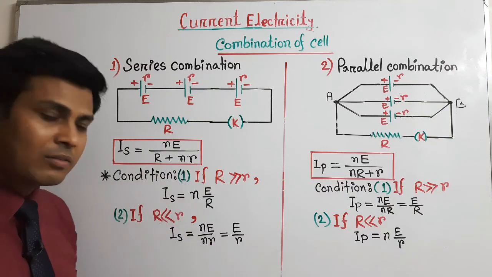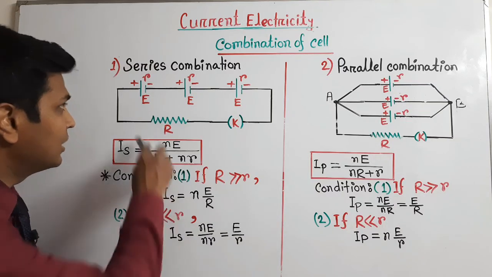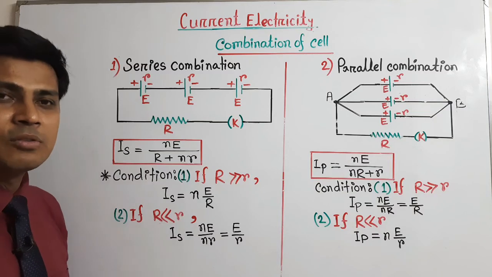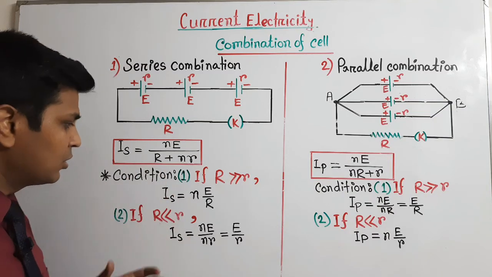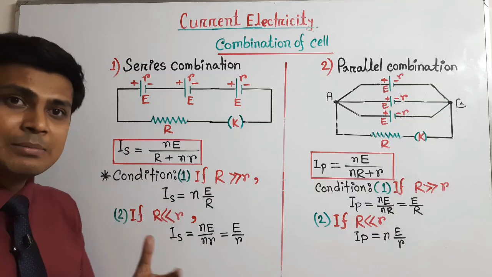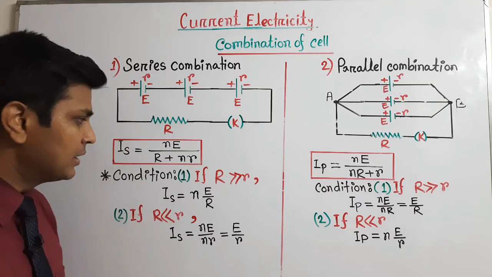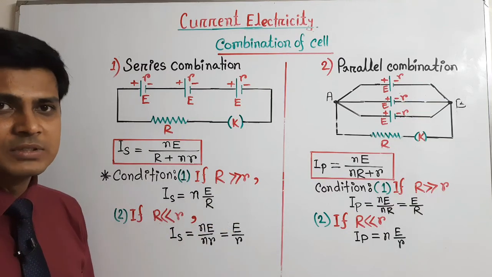The n will be cancelled, and we only have E divided by r, which represents the current flowing through only a single cell. So we can say for this condition only a small amount of current flows through the circuit. Again I repeat, if you want to get a large amount of current through the circuit, you have to arrange the circuit in such a way that the external resistance is very large compared to the internal resistance.